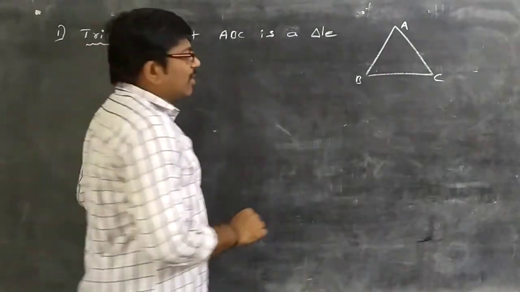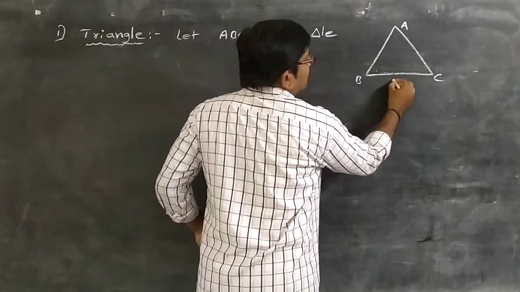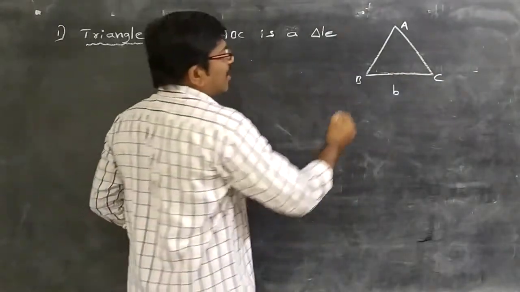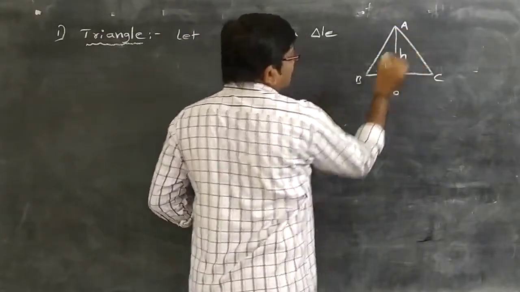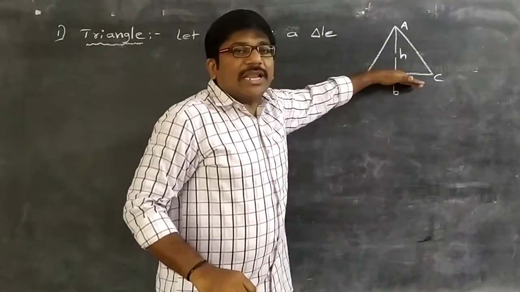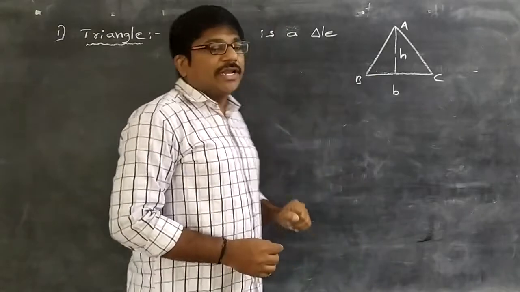In this triangle, BC is the base, denoted with the letter B, and the height of the triangle is H. When the base and height of the triangle are given, what is the area of the triangle?